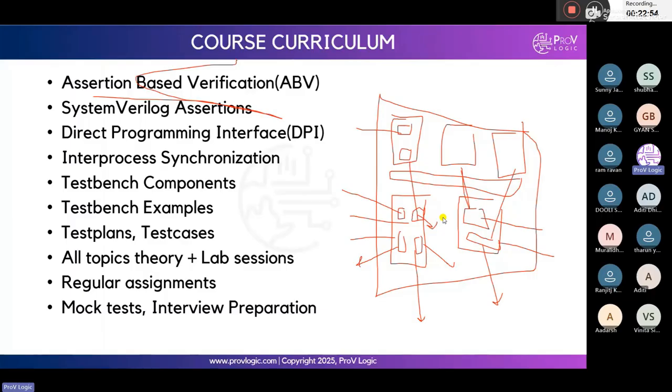Like that, we have pre-silicon verification and post-silicon verification. Pre-silicon means before dumping into the hardware, into the silicon, whatever the blueprint is, the RTL design, if you do verification for that, it's pre-silicon verification. Post-silicon verification means after dumping into the chip, when the chip hardware is ready.